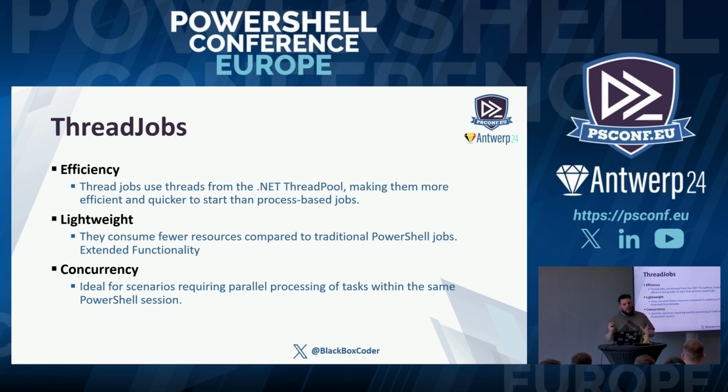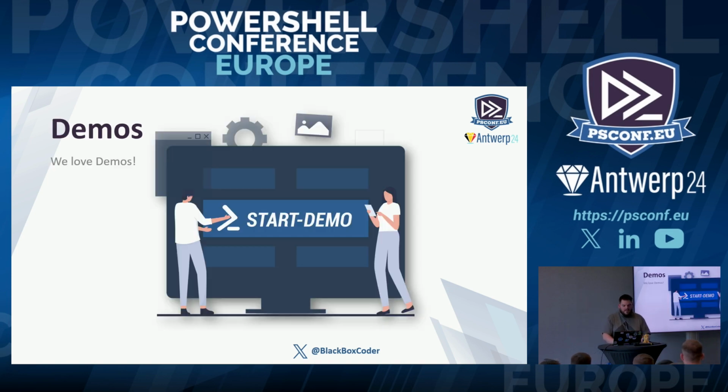So if you have small jobs that need to be processed really fast, you can make use of thread jobs. Thread jobs are integrated in PowerShell 7.x, I think. Correct me if I'm wrong. But you can also install them on PowerShell 5.1. So with that said, head to the demo.